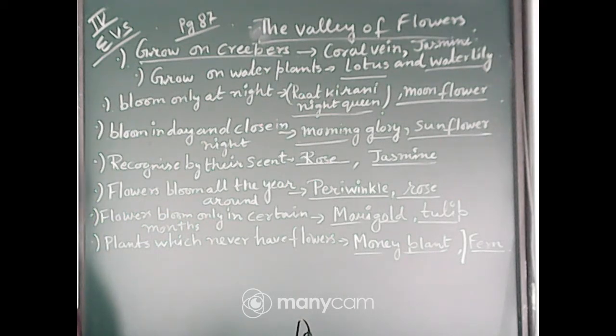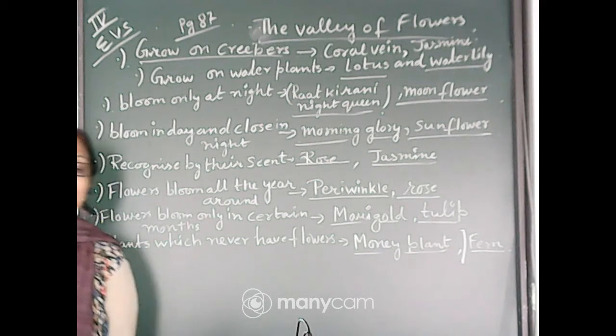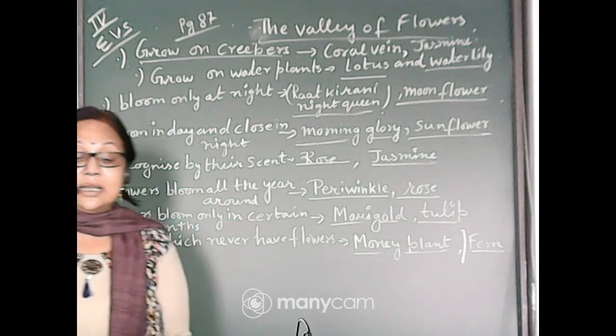Flowers that bloom all the year round: periwinkle and rose. Recognized by their scent: rose and jasmine. Bloom in the day and close at night: morning glory and sunflower. Bloom only at night: Raat Ki Rani or night queen, or the moonflower. Grow on water plants: lotus and water lily. Grow on creepers: coral vein and jasmine. So these are all the flowers you can write which are given here.